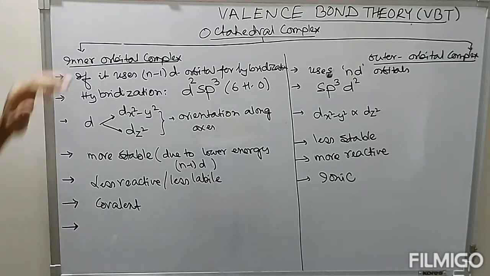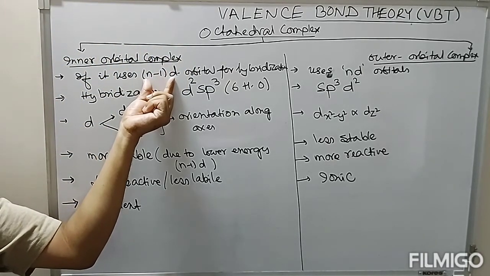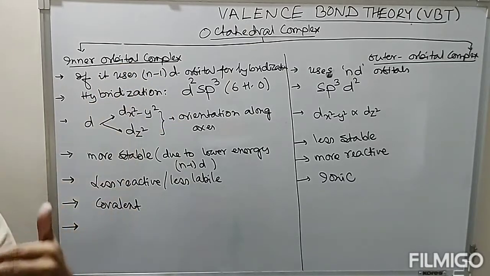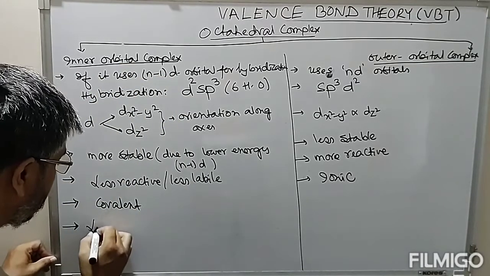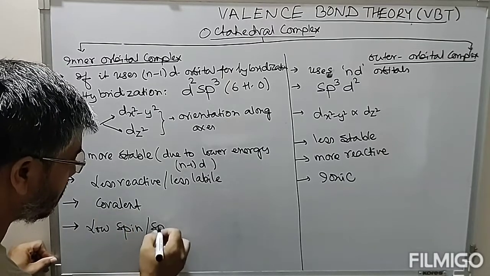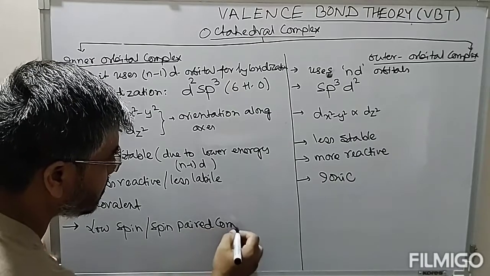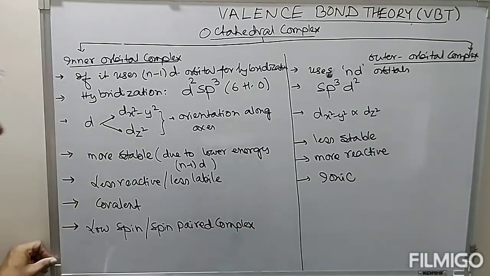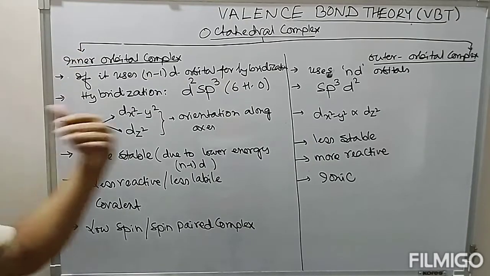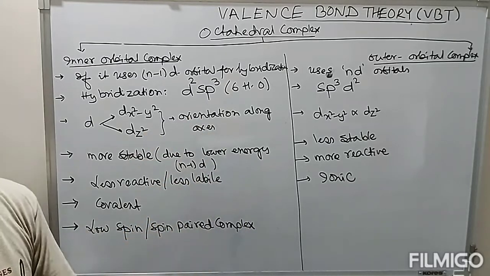Now in these inner orbital complexes, the lower energy (n-1)d orbitals are used. So these complexes are known as low spin complex or spin pair complex. That means in these types of complex, under the influence of the ligand, electrons in the d orbital may be forcefully paired up.